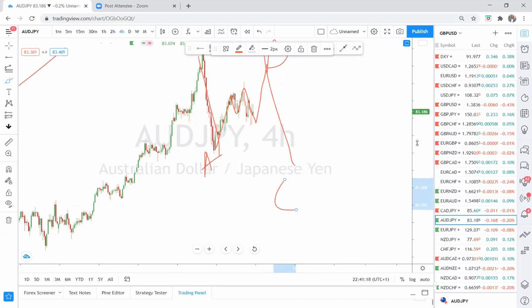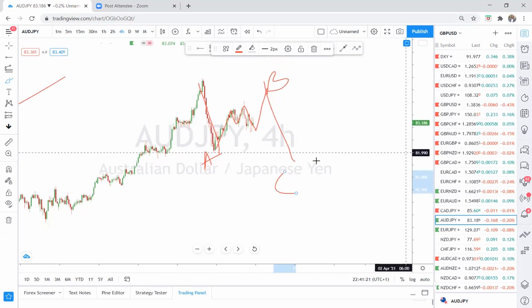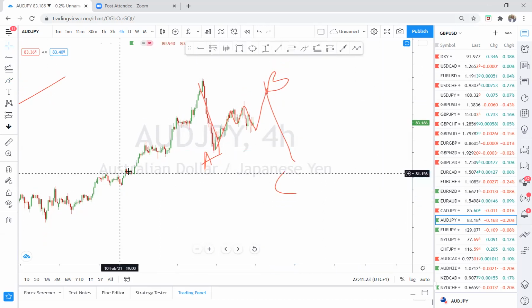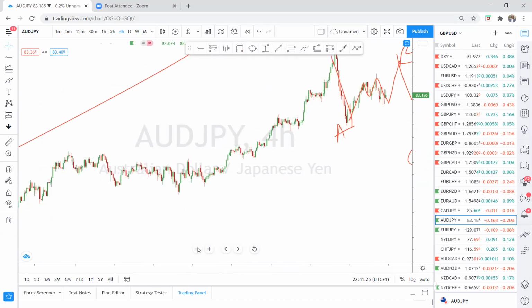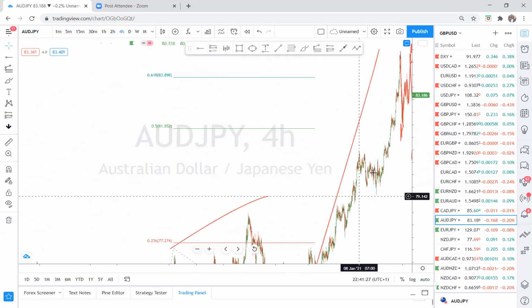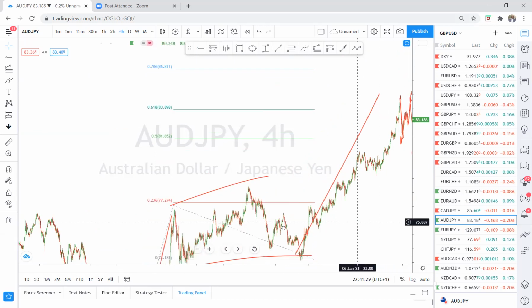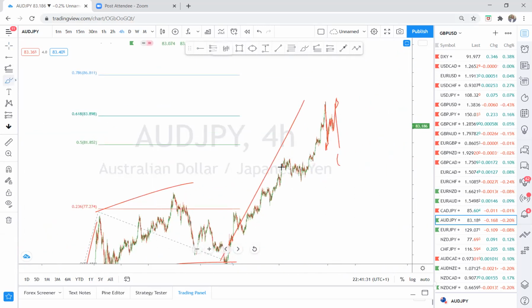And now, if you have this structure, then you can see that this structure is decent enough to achieve a push to the upside. Why do I say it's decent enough? You agree with me that there was a correction here, there was a correction here on its way to the upside.